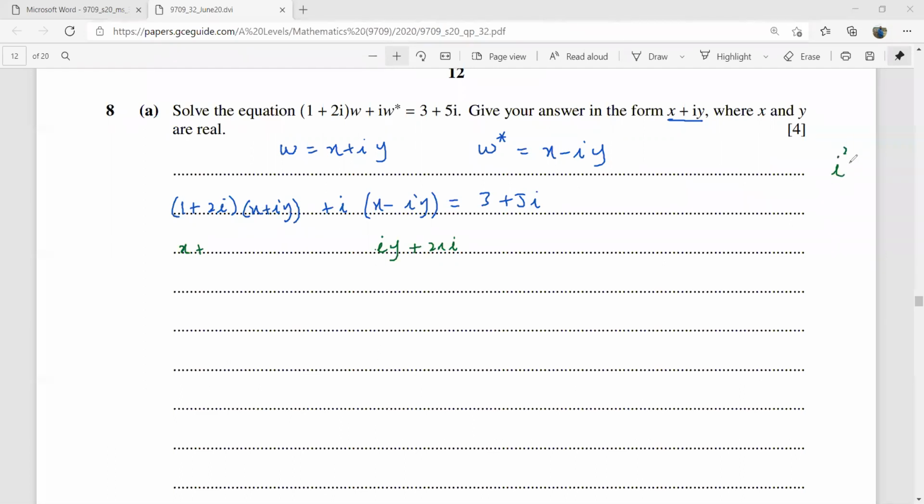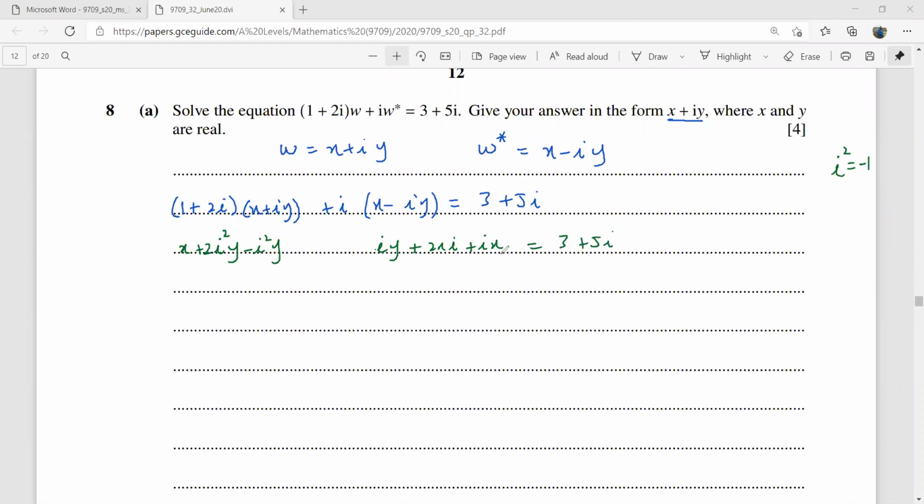Remember your iota square is minus 1. So 2 iota square y, then plus iota x, then minus iota square y. And that is equal to 3 plus 5 iota.